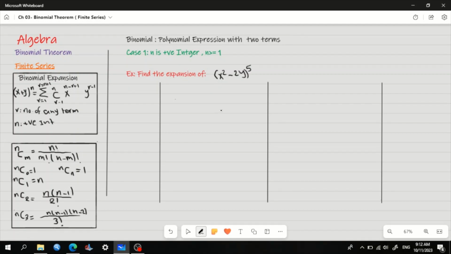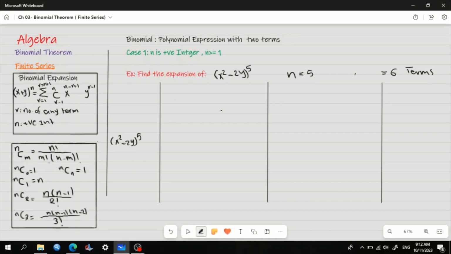Okay, so again the power n equals to 5. So the number of terms equals to 6. Okay, so again rewrite that here. So we have here x squared negative 2y power 5.